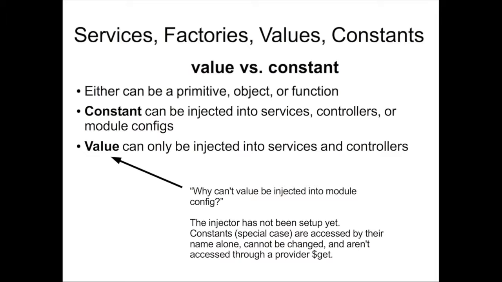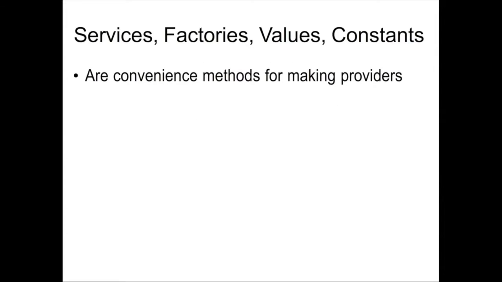Since they never change, they don't need to provide a get. They can be looked up directly. Values can change, so they're not allowed in the module config, because in the module config that's where it's preparing all its dependencies, and injecting something that might not be determined just doesn't work.